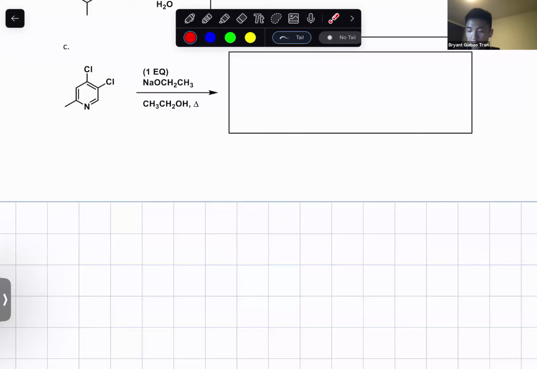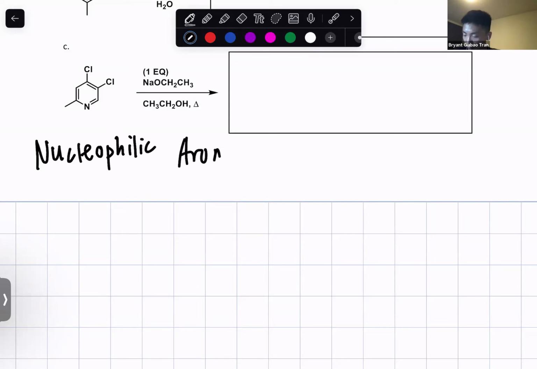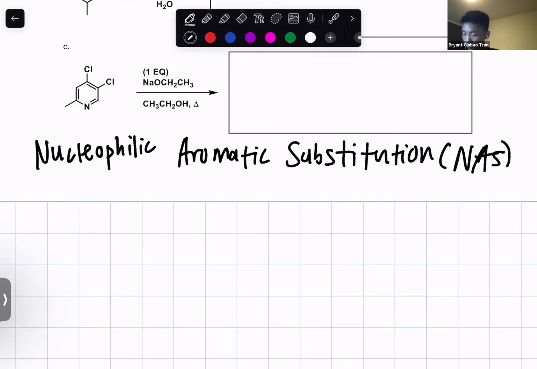This is going to be a nucleophilic aromatic substitution on pyridine, where the mechanism is two steps: addition, elimination. This is the chapter 25 material, the heterocycle material. Nucleophilic aromatic substitution, NAS, on pyridine.